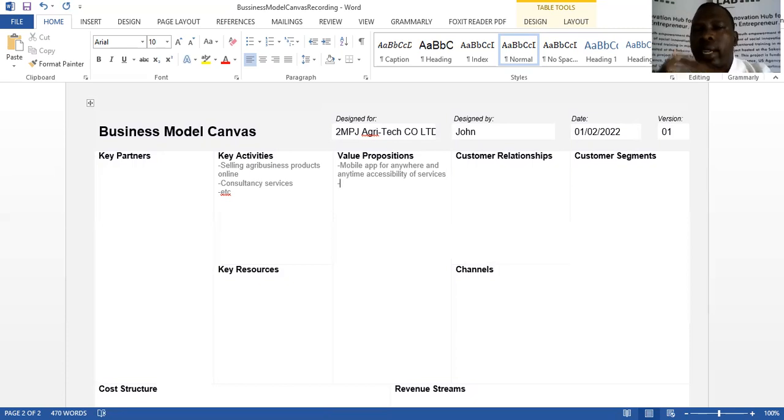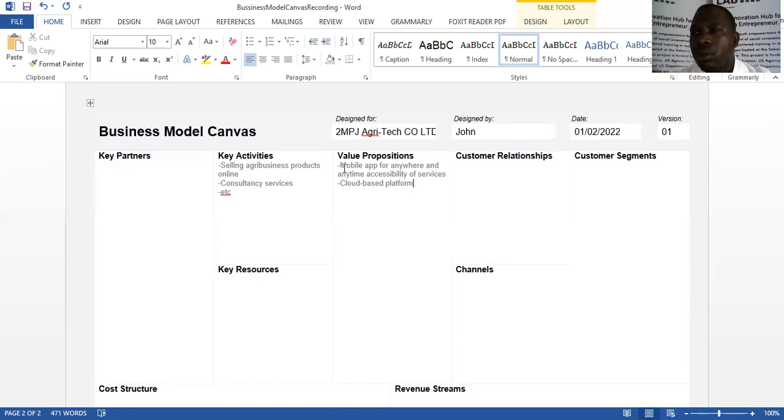Because we need our business to be sustainable, and if we deploy on a mobile application, it means we need infrastructure. So we could say maybe our platform will provide a cloud-based platform that will enable most of the products to be hosted on the cloud, and they can be accessible by any customer anywhere.